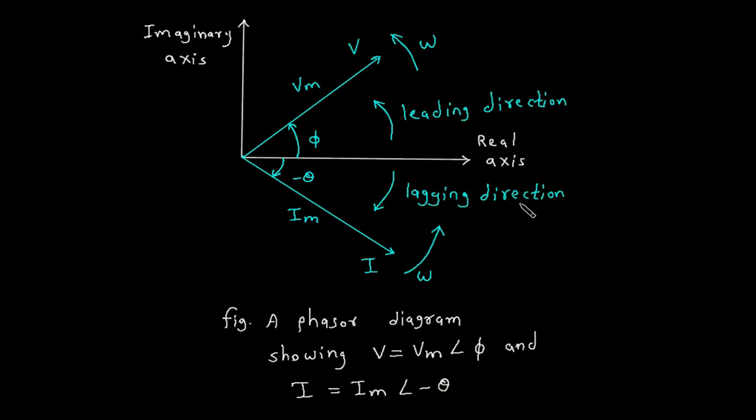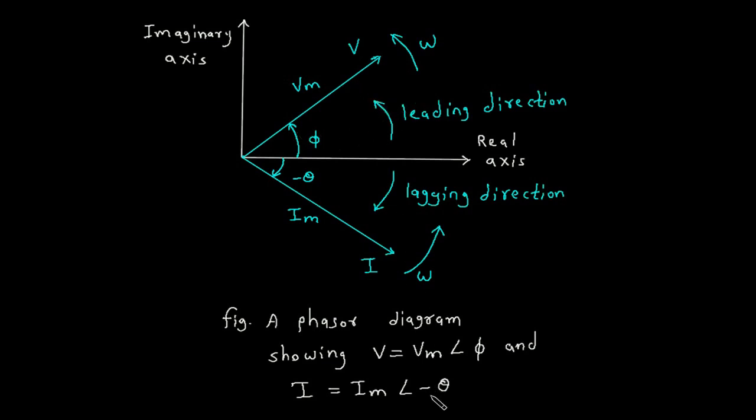Now suppose we have to represent V is equal to Vm at an angle phi. Here we can see this is Vm. This Vm is the magnitude or amplitude or maximum value of voltage, and it is rotating in the counterclockwise direction with a positive phase angle. So when the phase angle is positive, it is leading. It represents a leading phasor.